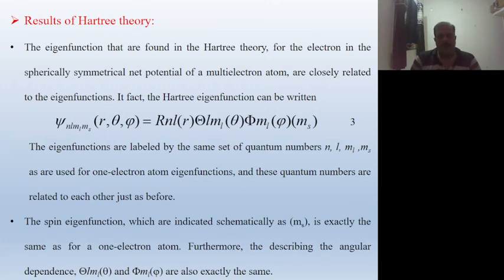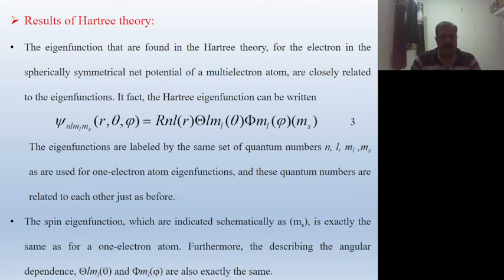These four quantum numbers represent the psi function, meaning wave function or eigenfunction. Psi of r, theta, phi is equal to R of nl of r into capital Theta of l ml of theta into Phi of ml of phi into the spin function of ms. This is equation number 3.